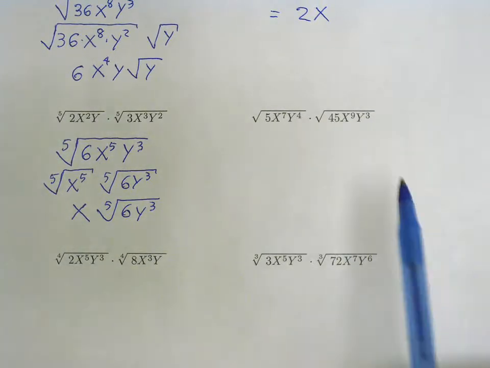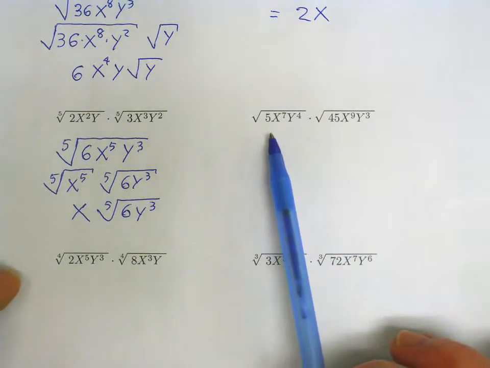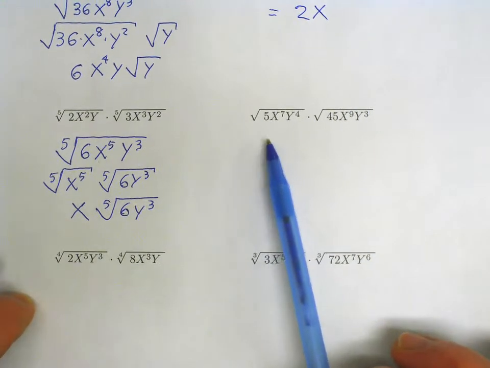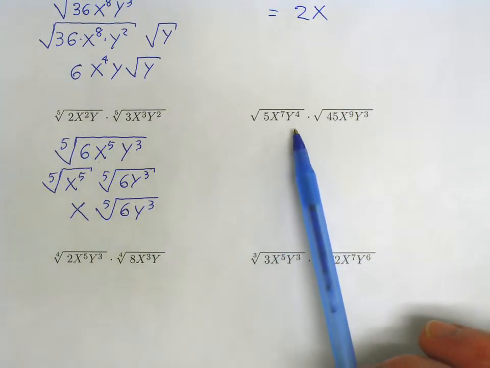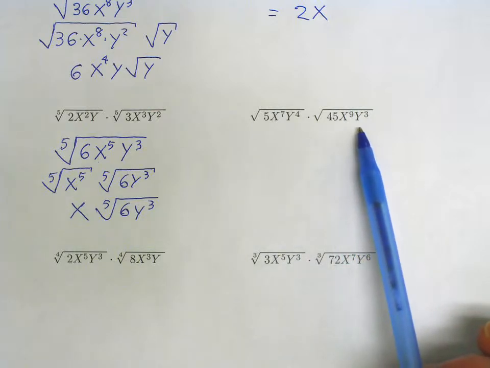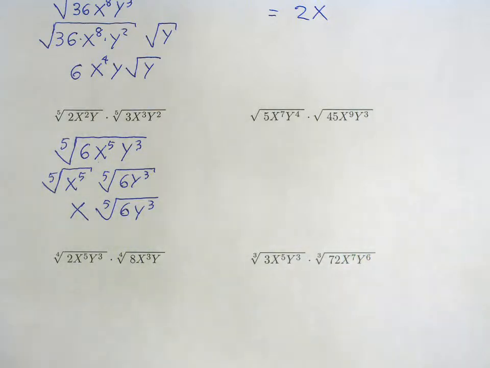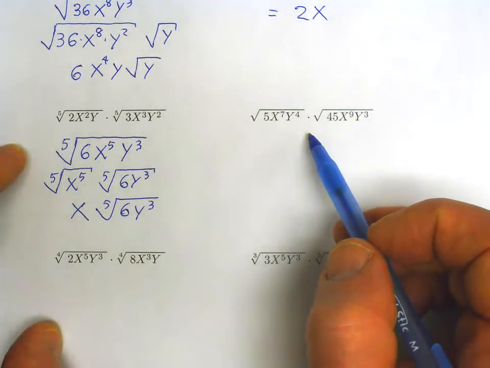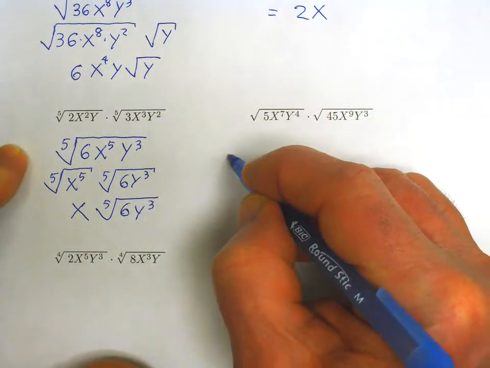Here, the next one is a product of square roots. The square root of 5x to the 7th times y to the 4th times the square root of 45x to the 9th y to the 3rd. So we will apply the product property of radicals and write it as a single square root.